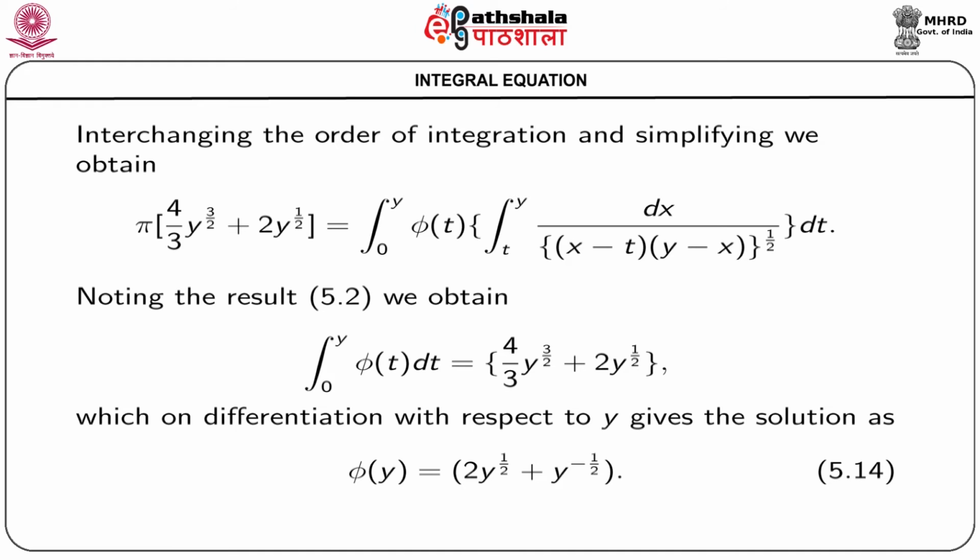As before, the inner integral, that is the x integral, can be simplified by substituting x equal to y sin square theta plus t cos square theta to get pi, and so we can write the integral from 0 to y of phi(t) dt equal to 4/3 y to the power 3/2 plus 2 into y to the power half, which on differentiation gives phi as given in equation 5.14.